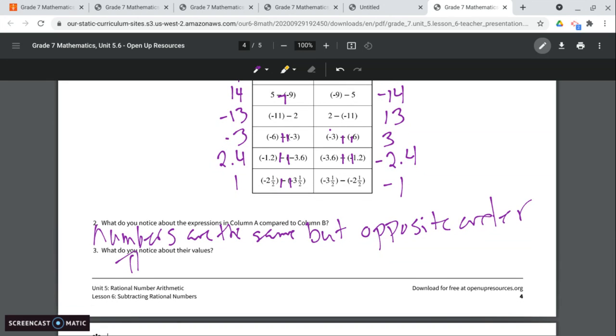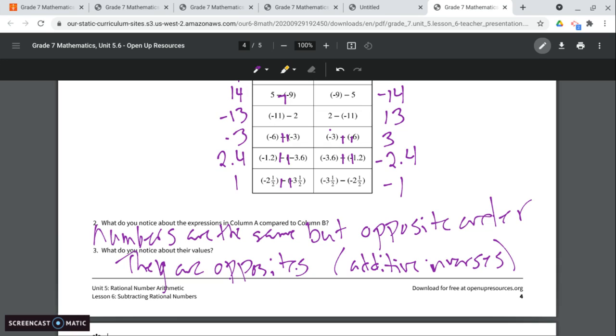Well, they are opposites, or what's known as additive inverses. So you have to be very, very careful when we're subtracting. The order matters for this. With addition, it doesn't, but with subtraction, it does.